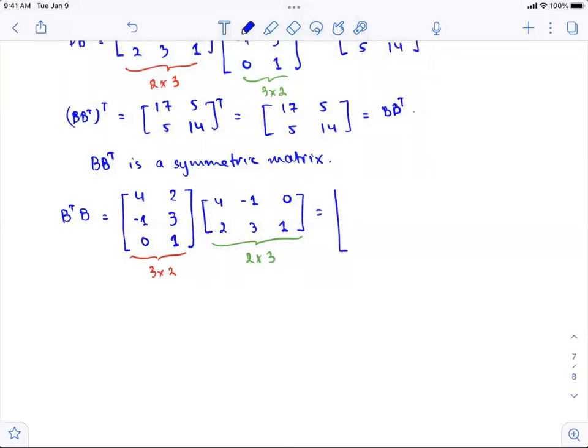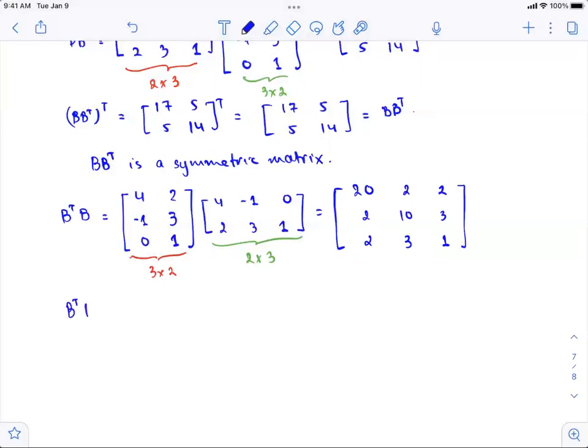And if you do the calculations correctly, you will get the matrix [20, 2, 2; 2, 10, 3; 2, 3, 1]. All right.